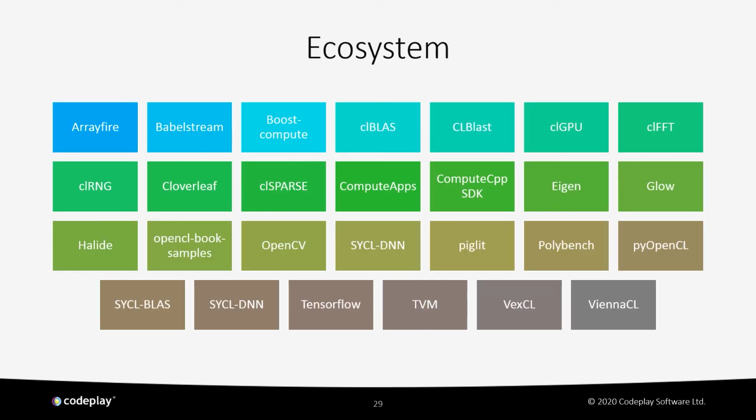One of the benefits of having such extensive unit testing is it means we can avoid finding bugs in some of the larger software we support. So when running ComputeAorta underneath something like ComputeCpp, or as part of a more complex machine learning library, some of which are listed here, if you have a bug or some sort of issue, it's a lot harder to track it down through that code stack.